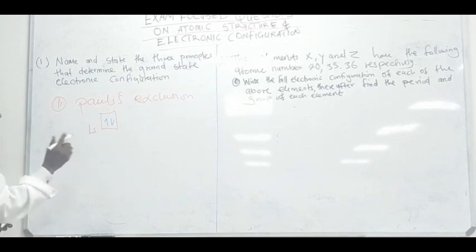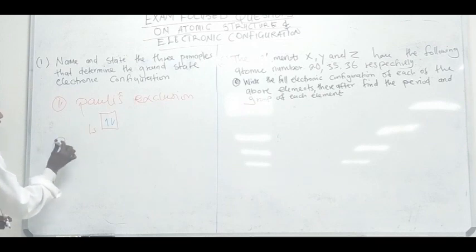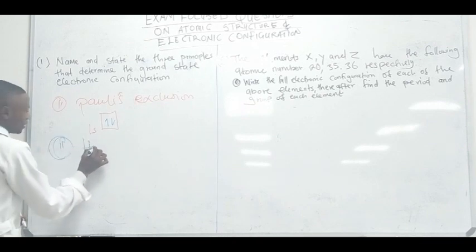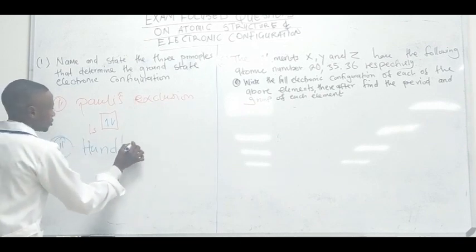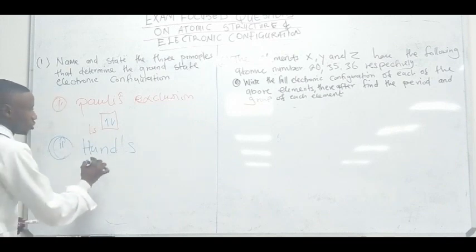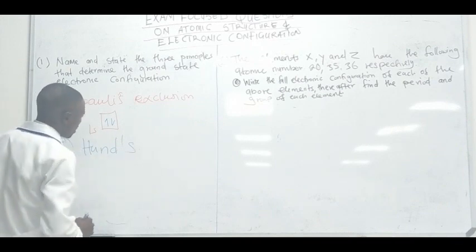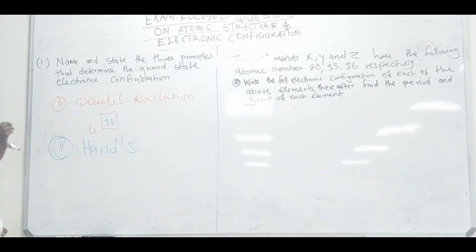The last principle that we can look at is Hund's principle. This principle tells us that if you have 2 or more orbitals, electrons tend to move to other orbitals rather than pairing up in the same orbital.